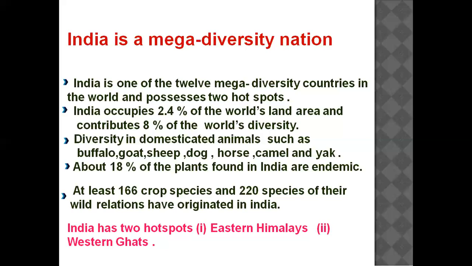Next are the Andaman and Nicobar Islands. Next is the long western and eastern coast belt with sandy beaches, forests, and mangroves. These are the biogeographic regions of India. Now let us discuss our next topic, India as a mega diversity nation.